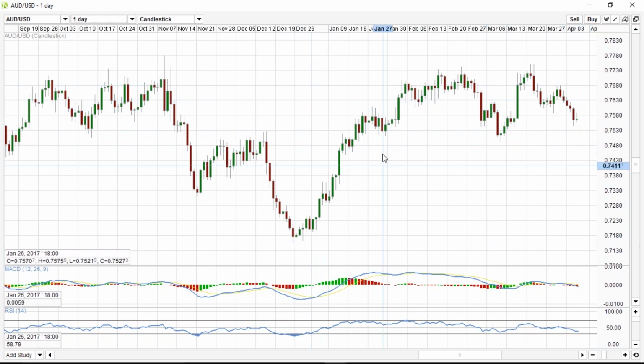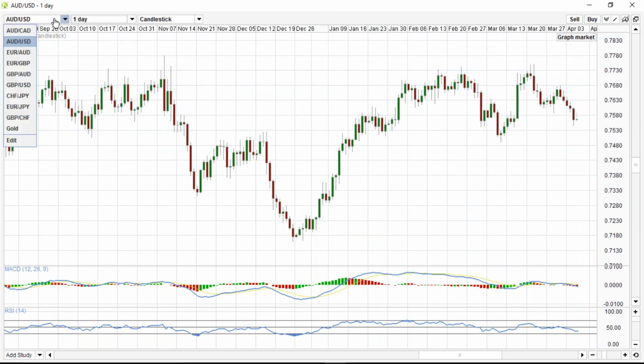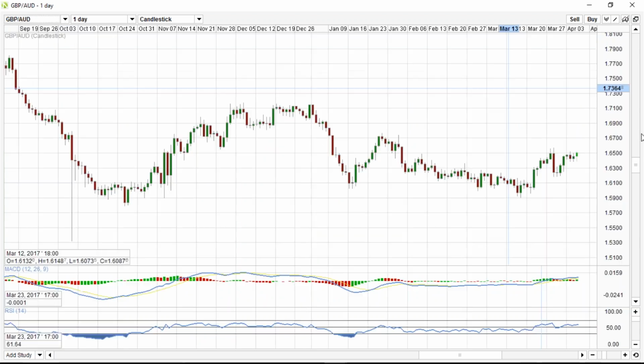There's a low there, there's a higher low, arguably a higher high, but then what's this? What's that? So rather than confuse you, let us go straight to the example that I found. Oh, okay.